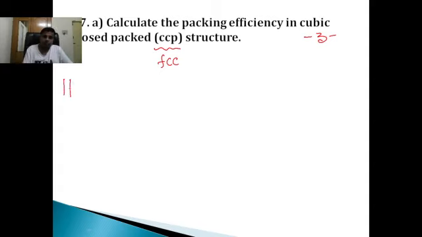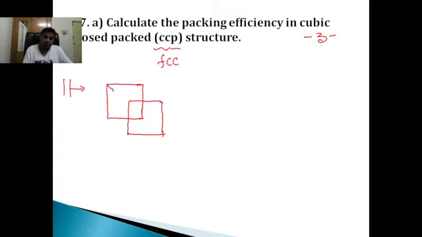First, please write the diagram for FCC. We know what is FCC, face centered cubic structure, which is nothing but CCP. If this is a unit cell, please write the way I write it. Don't change anything.